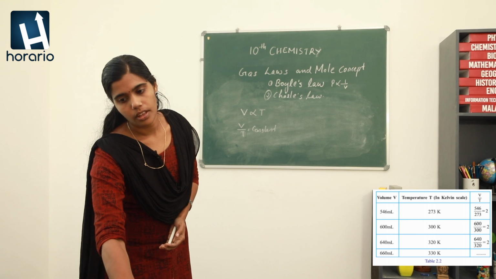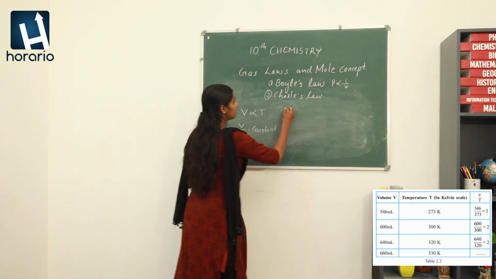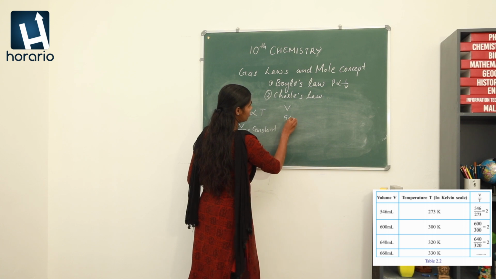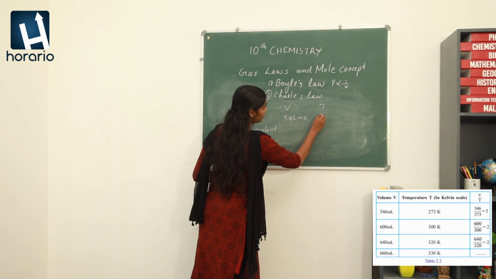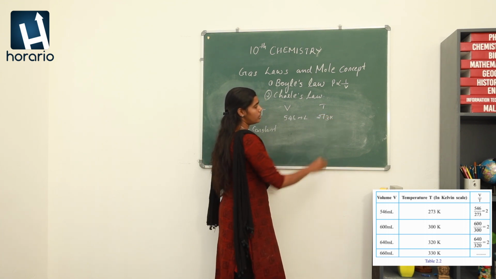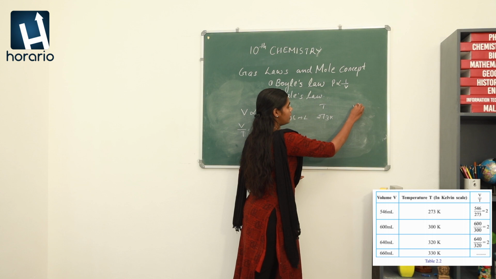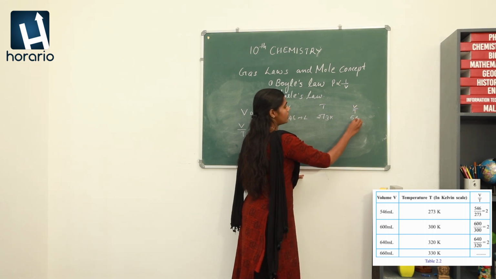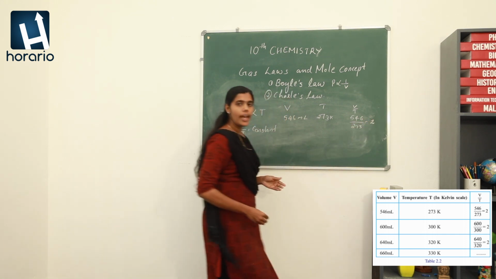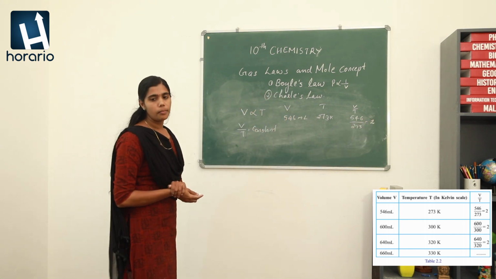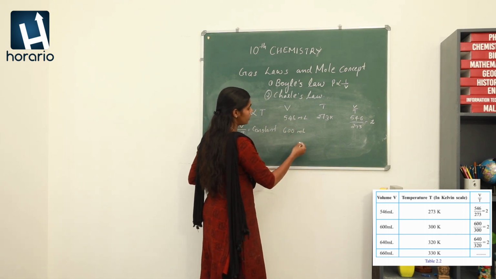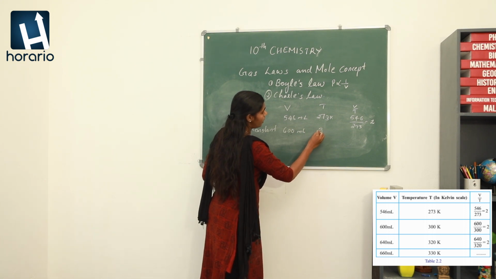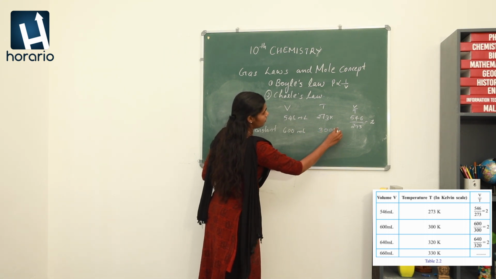Let's discuss. It's a table. Volume 546 ml and temperature 273 Kelvin. So, we can find V by T here: 546 by 273, that is 2. The second one, 600 ml gas and 300 Kelvin.